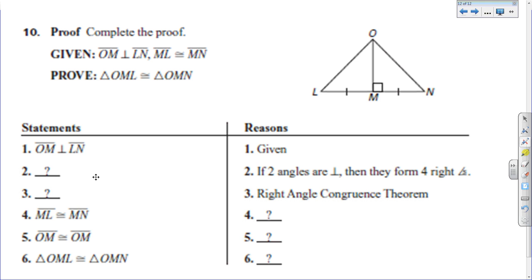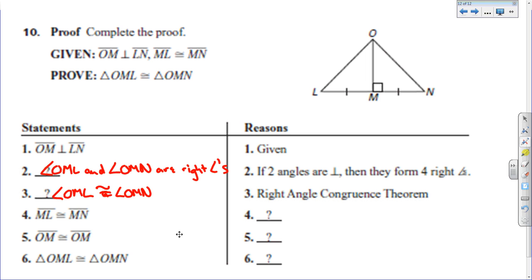So that tells you that angle OML and angle OMN are right angles. Then that tells you that angle OML is congruent to angle OMN.